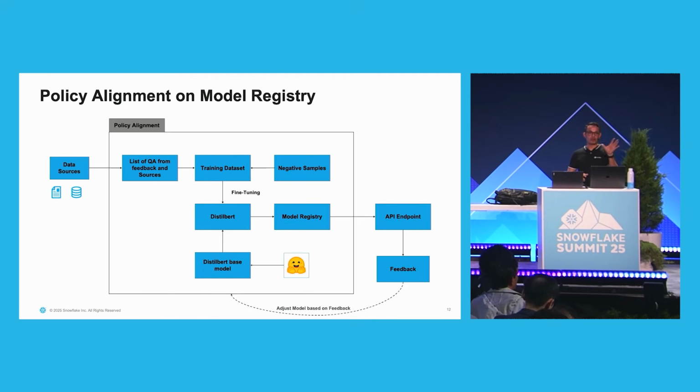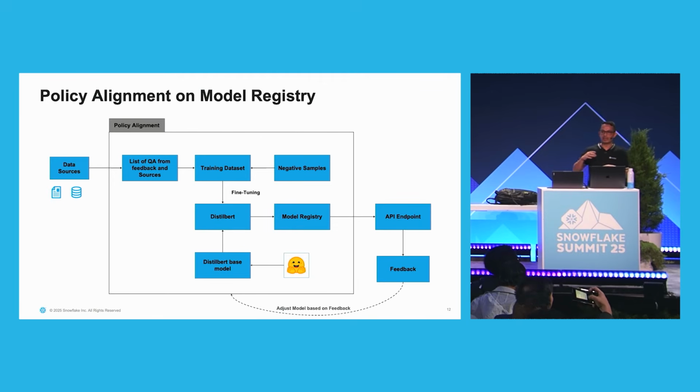which is how we have used the model registry for the policy alignment. It follows a basic, classical ML kind of approach. There are a bunch of sources that a RAG-based system uses, and you can have these data sources in some Snowflake tables or data set, and we generated a training data set based on that.